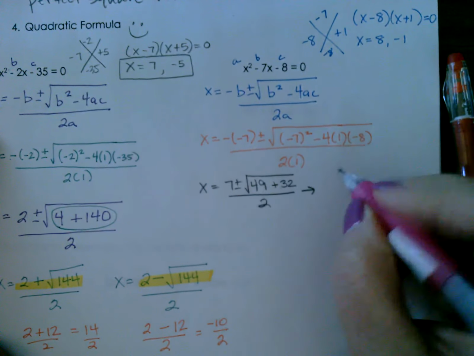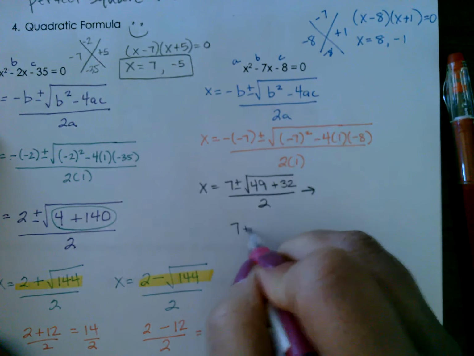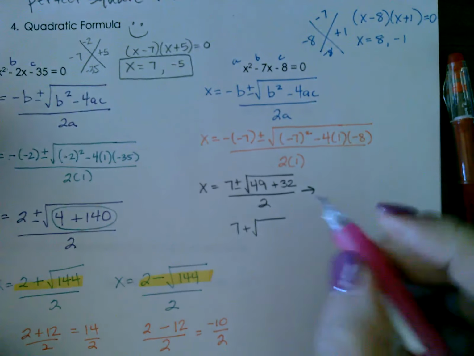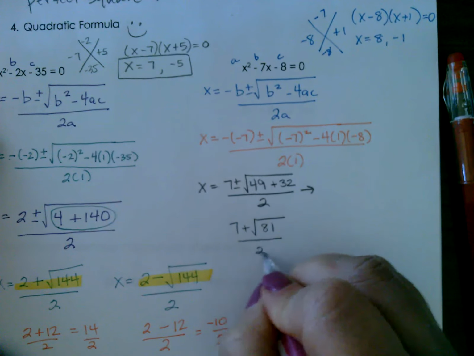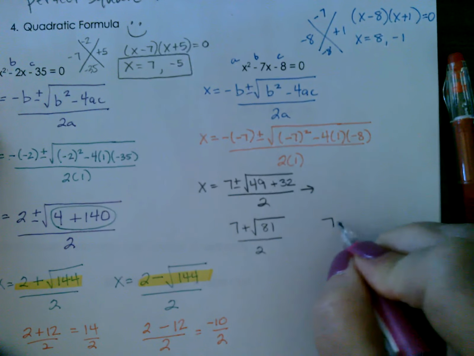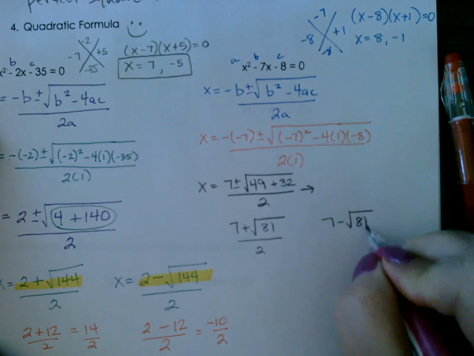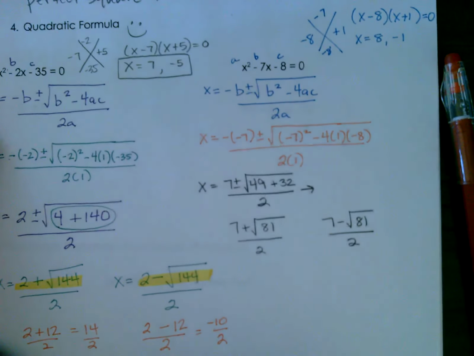So I would have 7 plus, if I added that together, I get the square root of 81 divided by 2, and 7 minus the square root of 81 divided by 2.